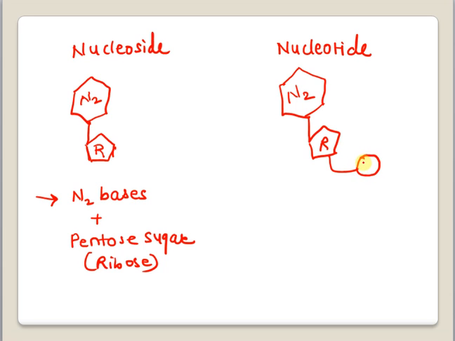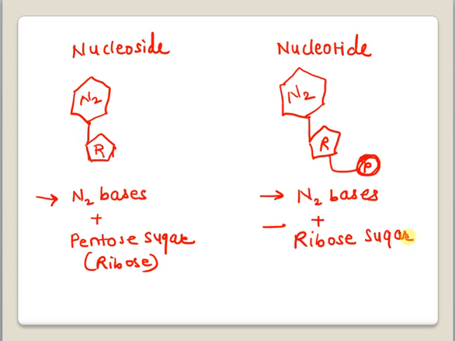That means you can say the nucleotide is made up of nitrogenous base plus ribose sugar, or pentose sugar, or 5-carbon sugar, plus phosphate. All these things together we call the nucleotide, and the earlier ones we call the nucleoside.